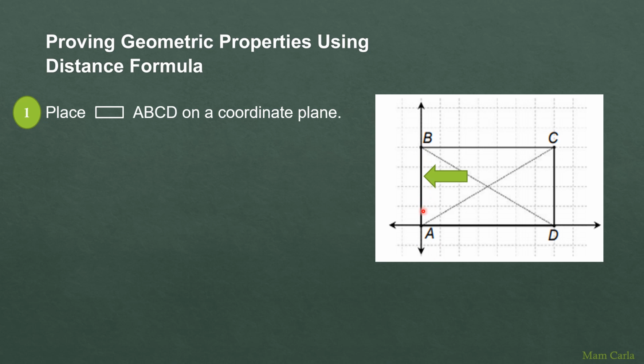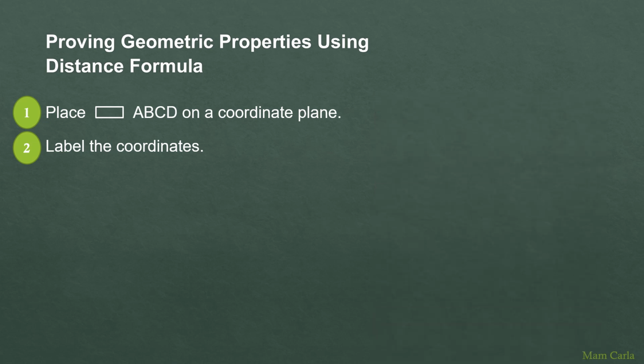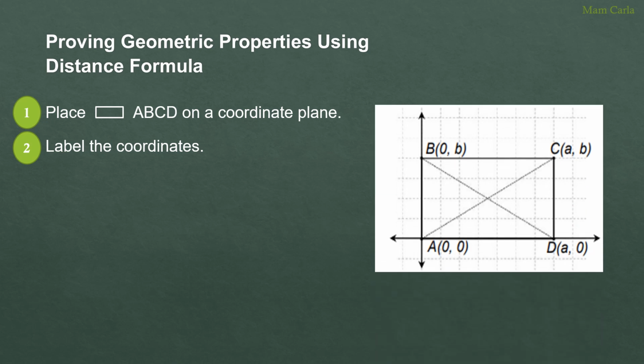In this case, we have placed side AB on the y-axis and side AD on the x-axis. And then we need to label the coordinates. So how do we do that?